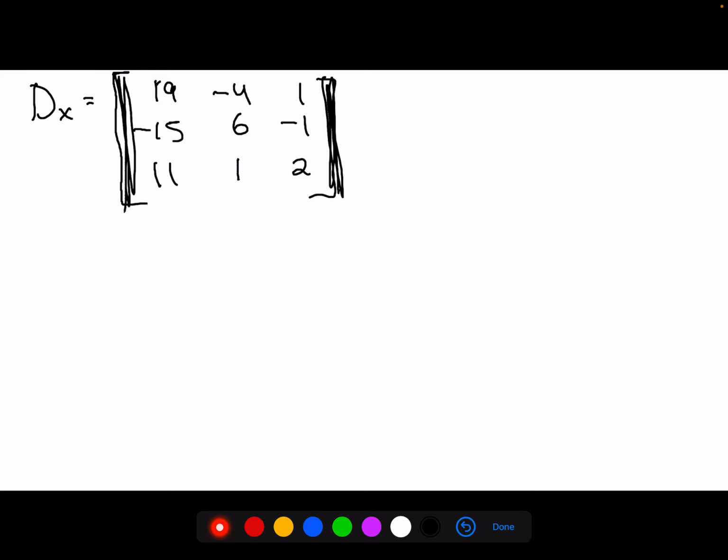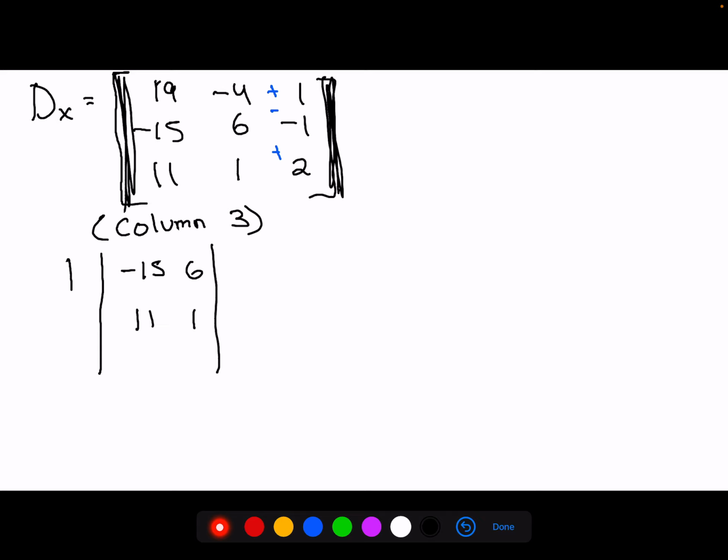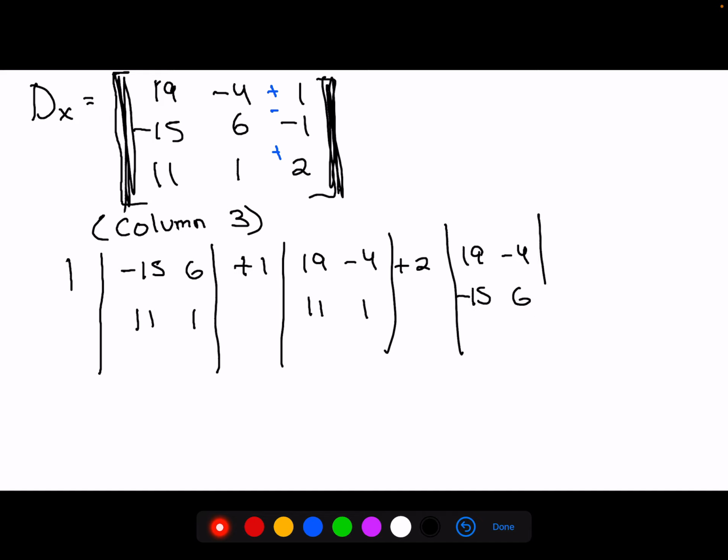I think for that one I used column 3, so it's plus, minus, plus. So 1 times the determinant of that, minus, minus will be plus 1 times the determinant of that, and then plus 2 times the determinant of that. So the determinant of the elements that are not in that same row and column.